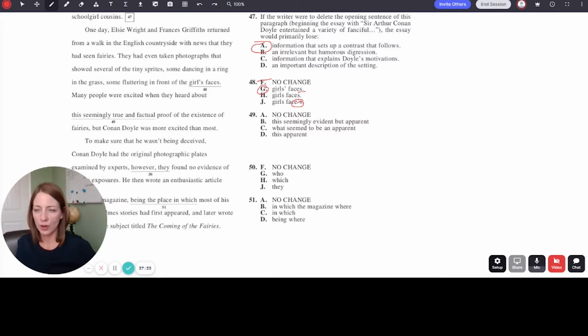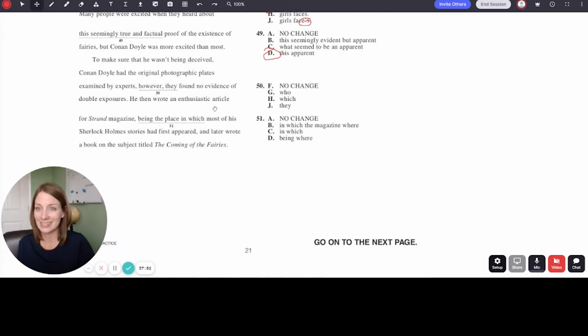Many people were excited when they heard about this apparent proof of the existence of fairies. So I'm leaning towards D because it likes concise communication. I'm just going to go with it. The shorter answer, more directly to the point. Let's see. I don't know.